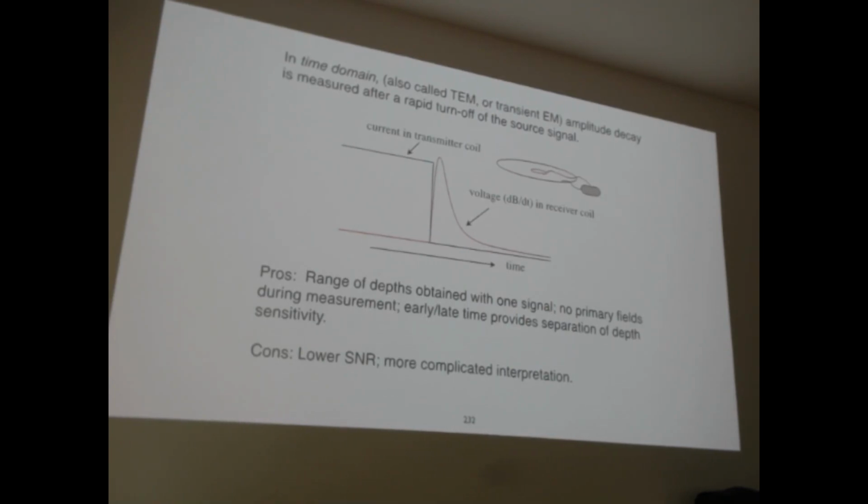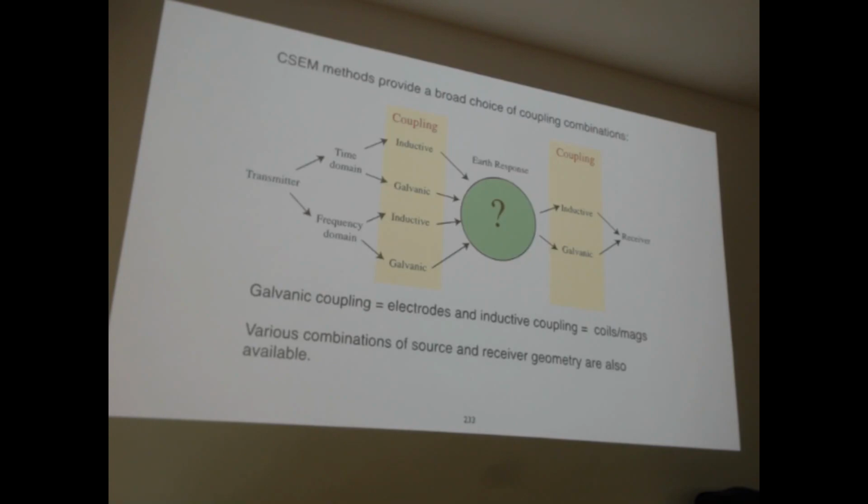That induces electric currents in the ground, which take some time to decay because they're diffusing away from the transmitter. The measurement of the induced currents, which could be made with an electric field or with another coil, tells you about the electrical conductivity properties of the ground. You can fly time domain measurements from helicopters, or you can put coils out on the ground, and so on.